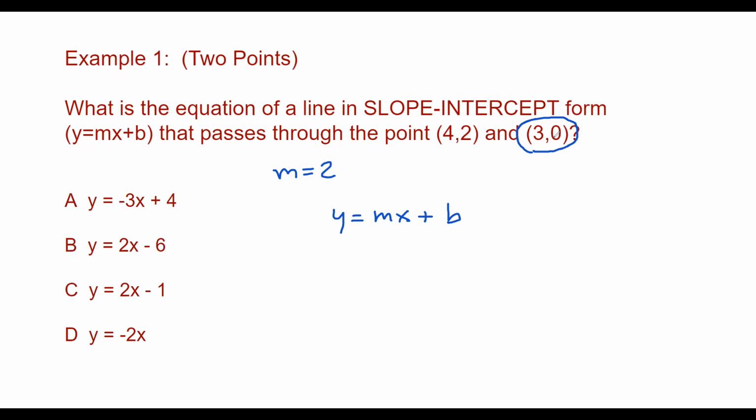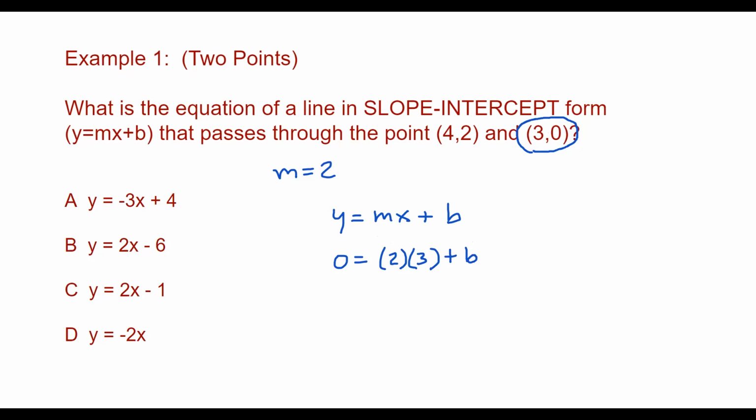So y we're going to get from this coordinate is 0. 0 is equal to our slope, which is 2, times the x part of our coordinate, which is 3, plus b. And the whole purpose of this step is to figure out what b is.